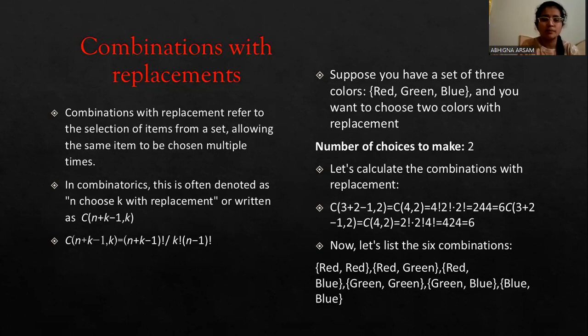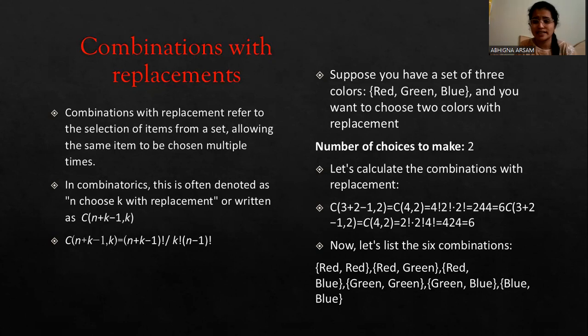That means combination with replacement refers to the selection of items from the set allowing the same item to be chosen multiple times. We denote it as n plus k minus 1 choose k, with replacement. The formula is (n plus k minus 1) factorial by k factorial times (n minus 1) factorial.